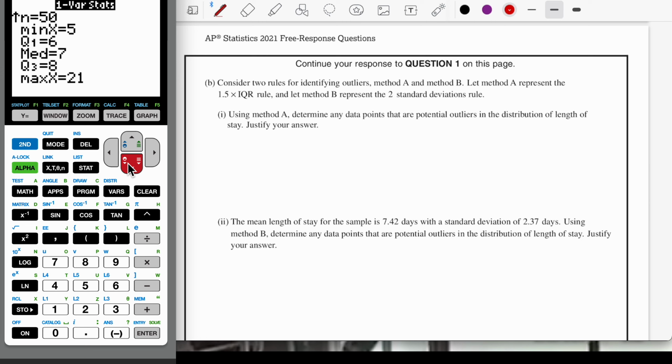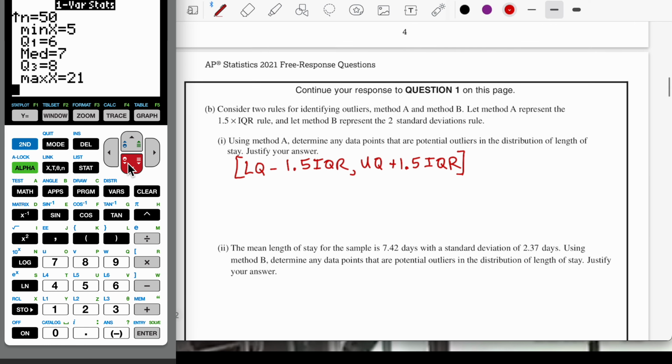So when they say the 1.5 IQR rule, they're saying LQ minus 1.5 IQR, comma, UQ plus 1.5 the IQR, in square brackets. The LQ represents the lower quartile.